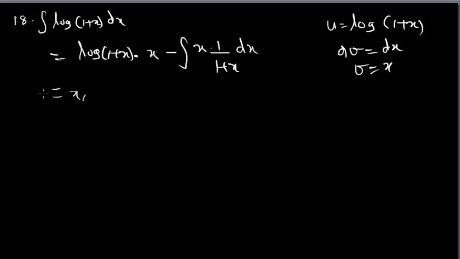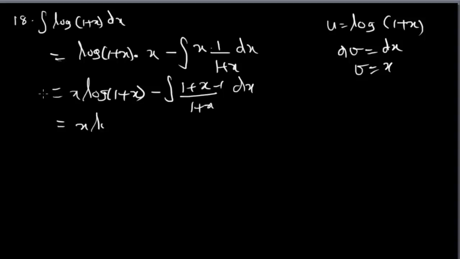So, this is x log of 1 plus x minus, here add and subtract. We have already done this type of problem. We have added 1 and subtracted 1. So, this is equal to x into log of 1 plus x minus integral 1 plus x by 1 plus x is 1 minus 1 by 1 plus x into dx.